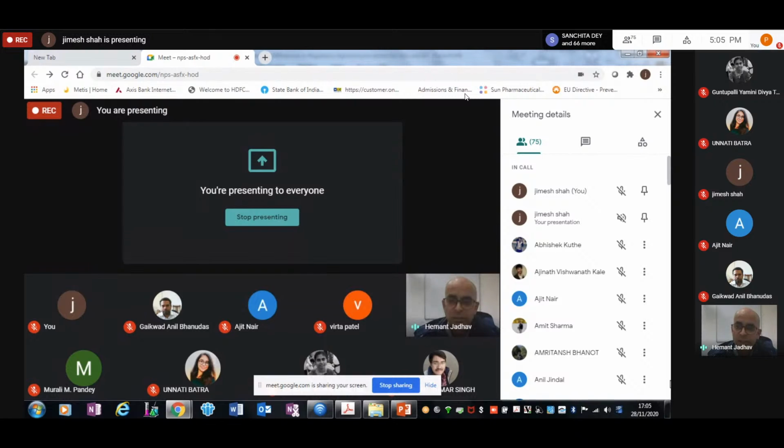Farheen, Dr. Patnaik, Mr. Jimesh, and Dr. Mishra, whatever they spoke about is helpful for our students who are learning the course, that is, the subject on quality assurance and regulatory affairs.